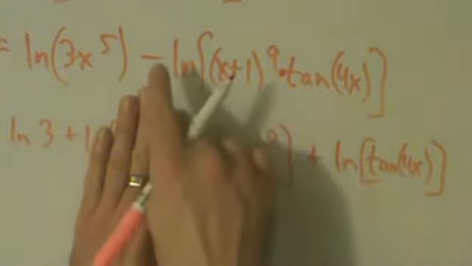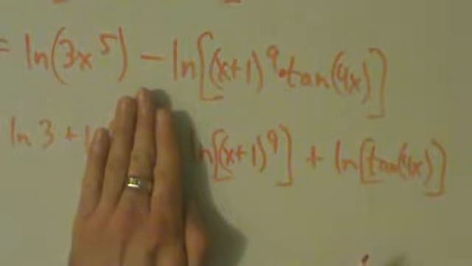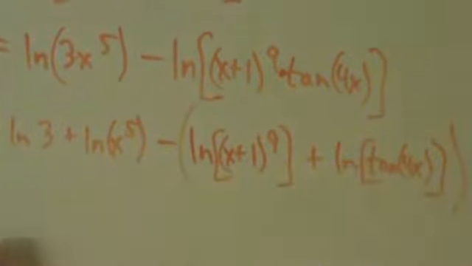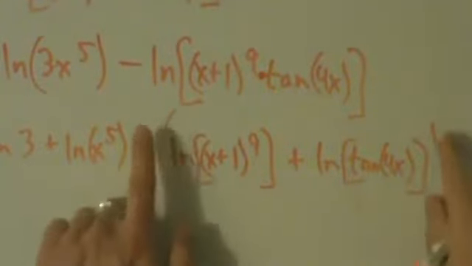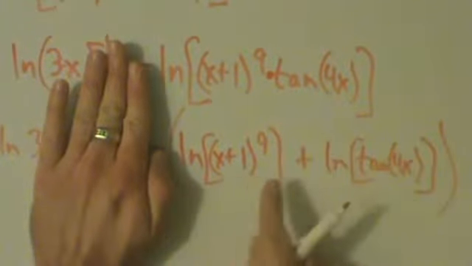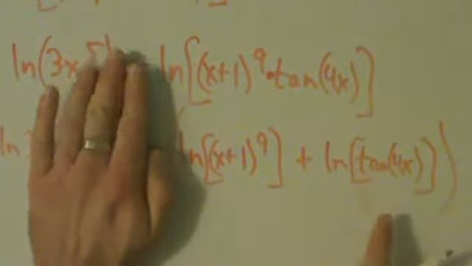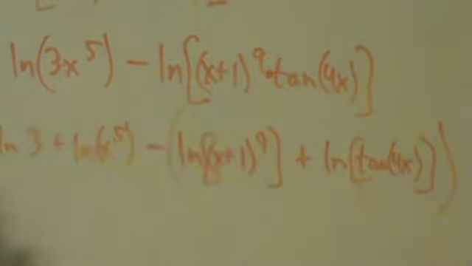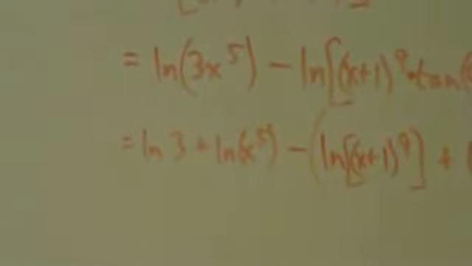But we have a minus sign in front of it, so we want to be very careful with our parentheses, and this minus sign affects everything. So we have to have these big parentheses that I just put over here, because natural log of this mess is natural log of that plus natural log of that. If we put a minus sign in front of it, then we have to make sure that the minus sign is still in front of everything here. So that's what we have so far.